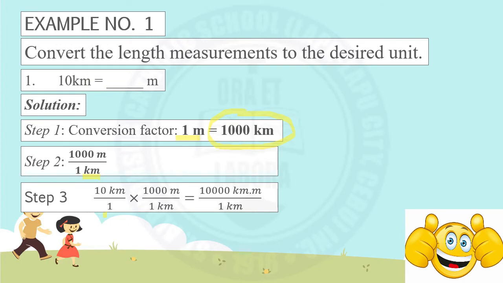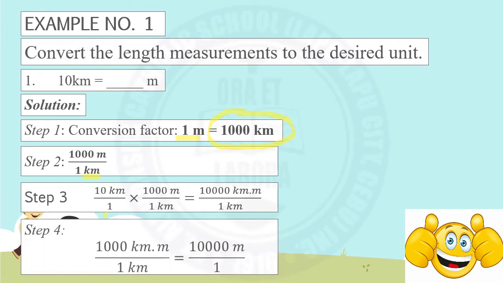So 10 kilometers times 1,000 meters is equal to 10,000 kilometer meters. 1 times 1 kilometer is equal to 1 kilometer. So we will do the cancellation method. We can cancel out kilometers.